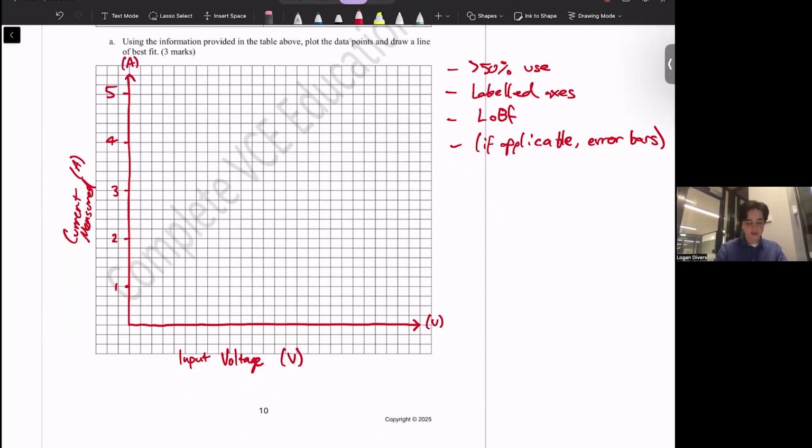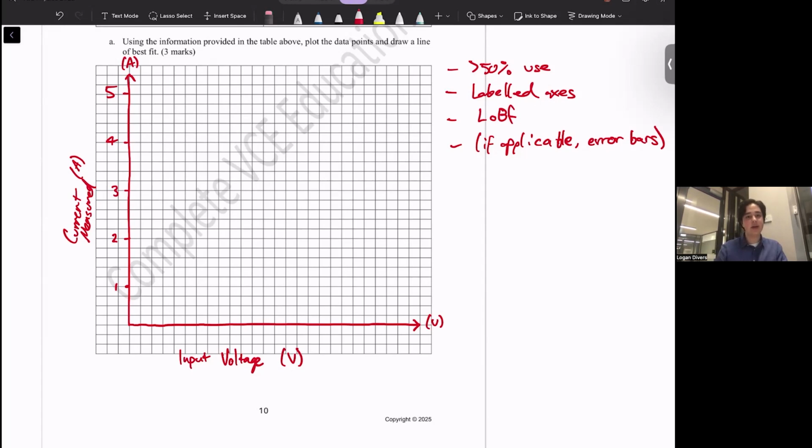Let's count the number of squares we have. 1, 2, 3, up to 24. There's 25 again. We have 8. Let's do 10, maybe? Reduce that down from 25.